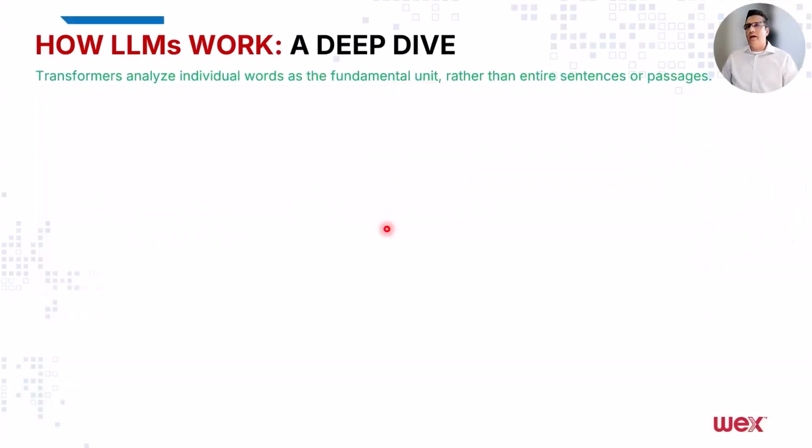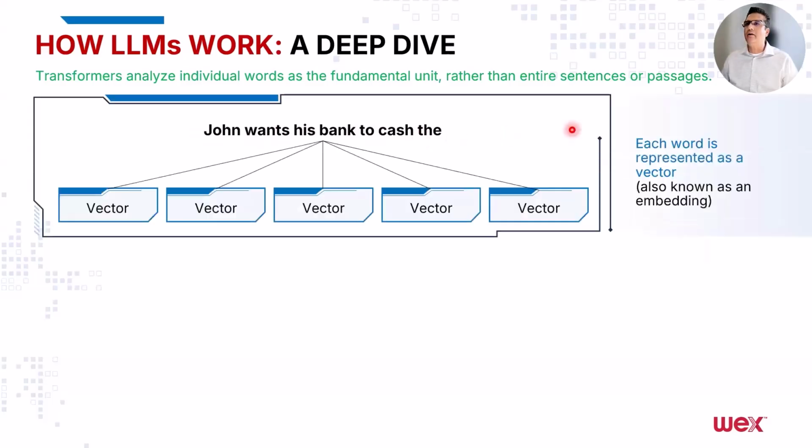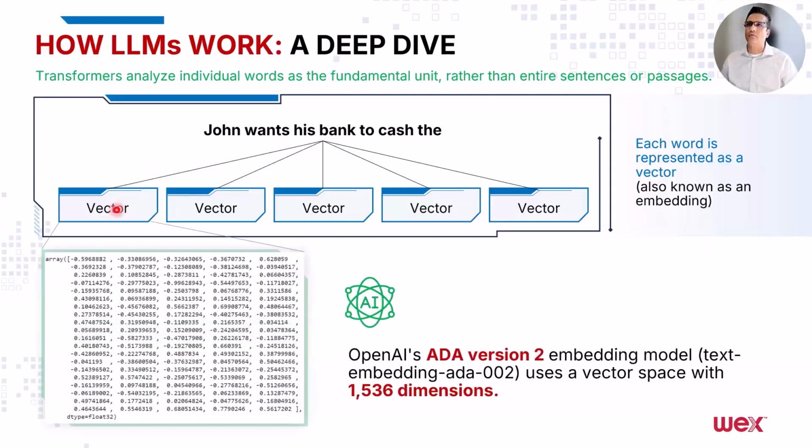Let's understand how it did that. First, it took our prompt, John wants his bank to cash the, and it created a vector for each word of the prompt. A vector is a set of numbers, as I told you early on. For a word, say John, the vector would look like this.